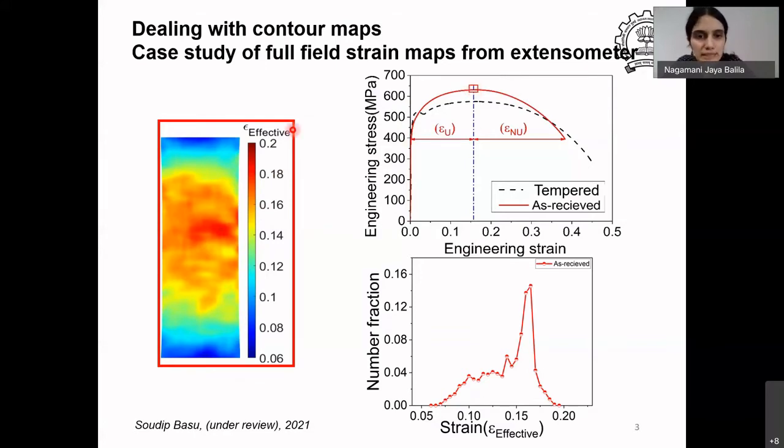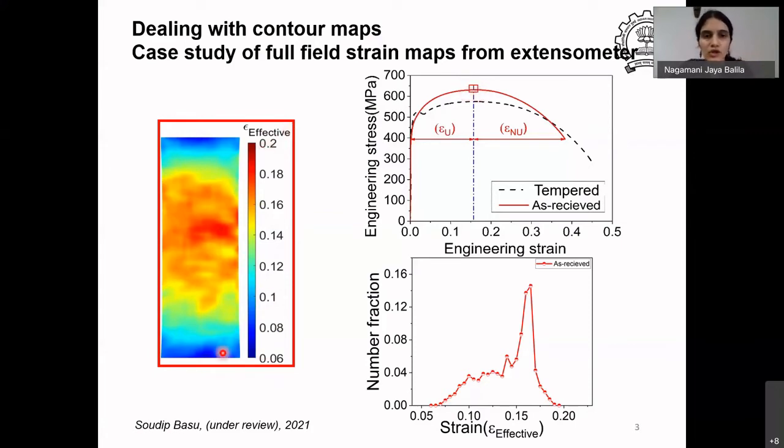But you can see that there is a distribution of strains in this contour map. If it was uniform strain, all these points should have experienced that amount of 16% strain. But clearly at this point, you see that there is a distribution in the strain. And what is that distribution?